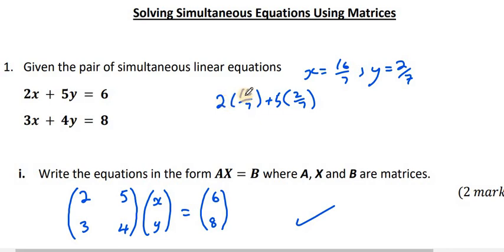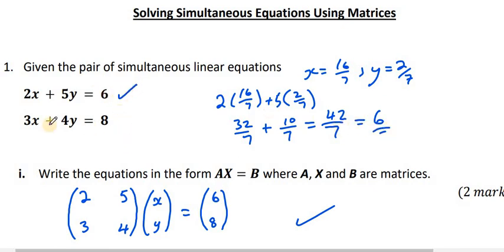Now 2 times 16, that's 32, so that's going to give us 32/7. And 5 twos, that's 10/7. We keep the denominator and add the numerators. 32 plus 10 is 42. And 7 goes into 42 6 times, because 7 sixes are 42. So we did get 6.